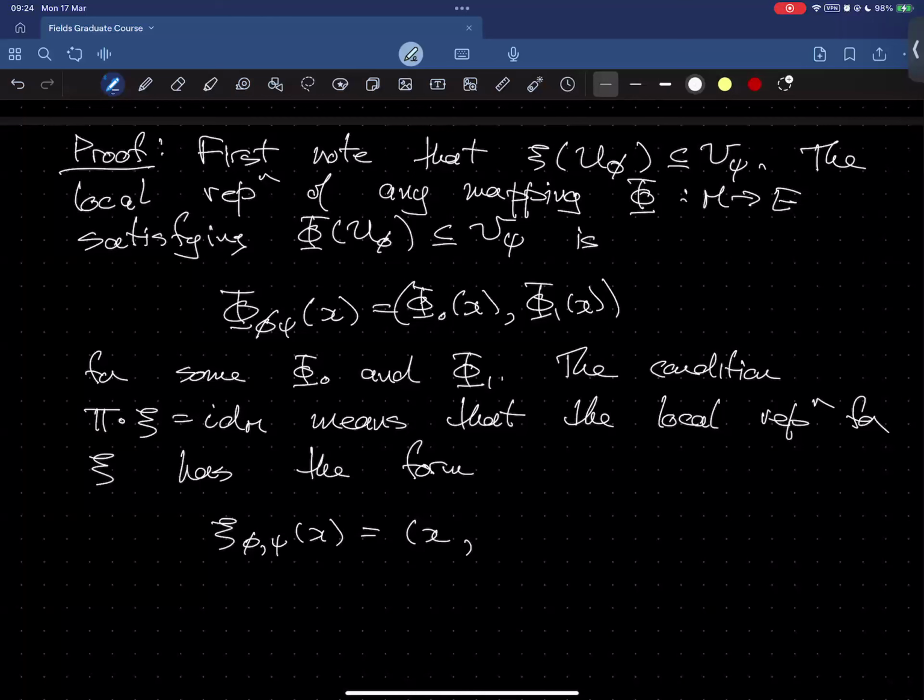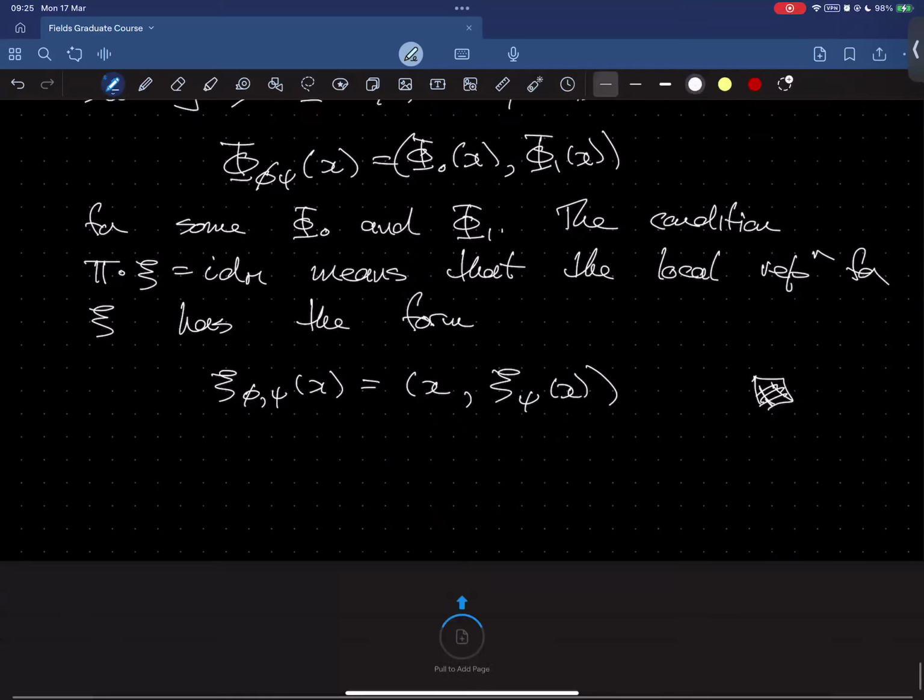And then phi 1, I can just name phi 1 to be phi psi. So that's what sections locally look like. They're really just defined by their principal part, because in the other component of the vector bundle chart, they're just the identity.